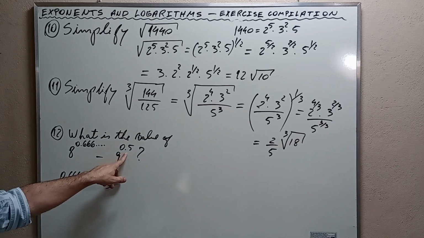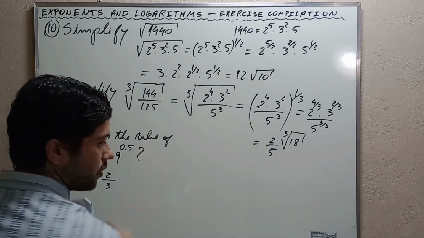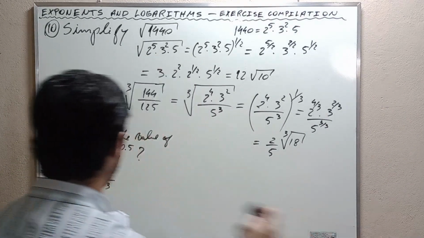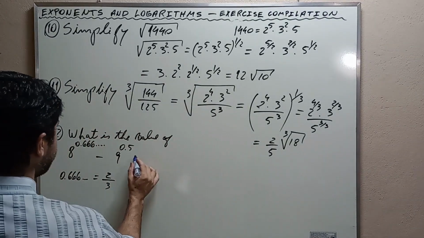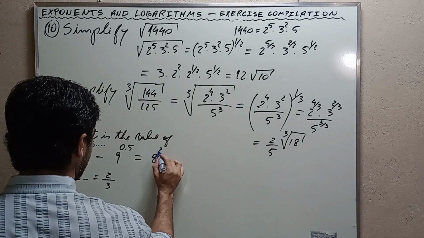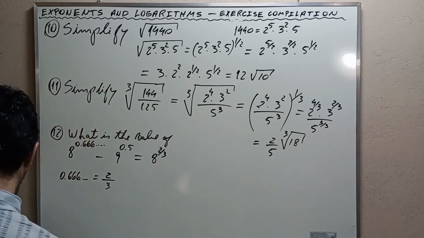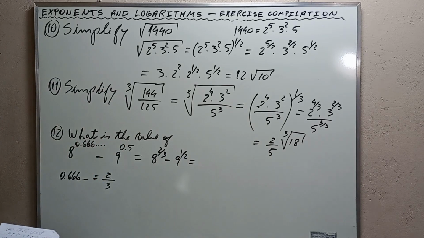And observe that 0.5 is obviously a half. Then the expression becomes 8 raised to the power of 2/3 minus 9 raised to the power of a half.